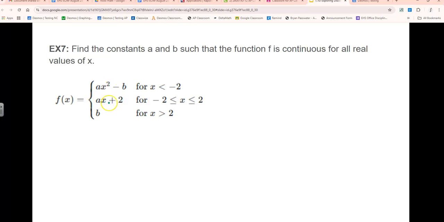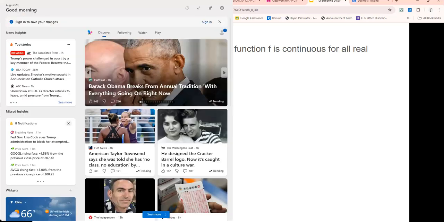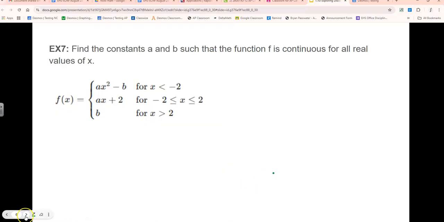This is a line. Lines are continuous everywhere. And then we have a horizontal line, because that's just going to be x equals a number, which is also continuous everywhere. So what we really need to know is about the places where these would meet up. Like right here at -2, we need to know what's happening.